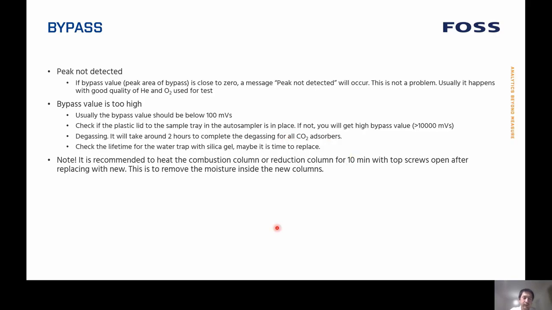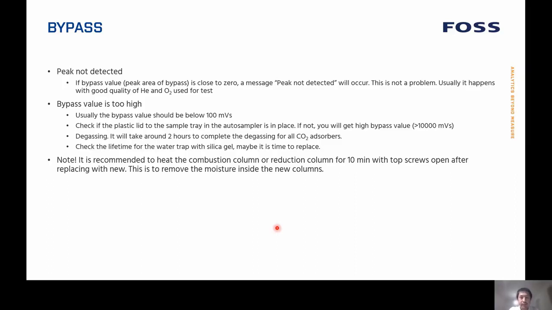And the other thing can also be moisture. Moisture can also give you some high blanks. So that means you should check the lifetime for all the water traps, especially the silica gel. It's easy to tell, and you have to replace it.